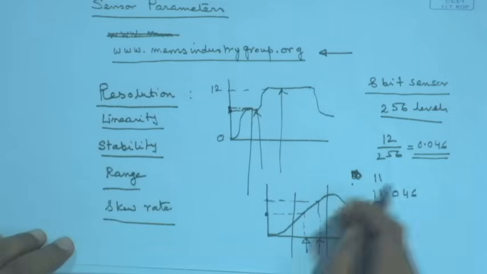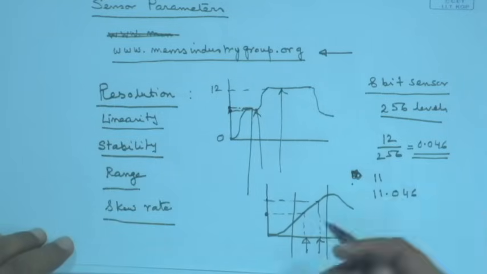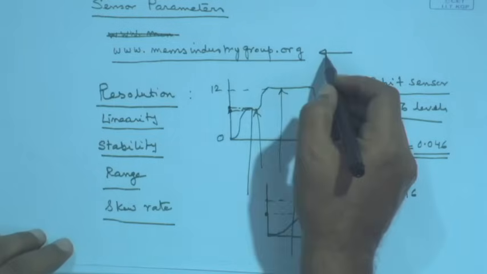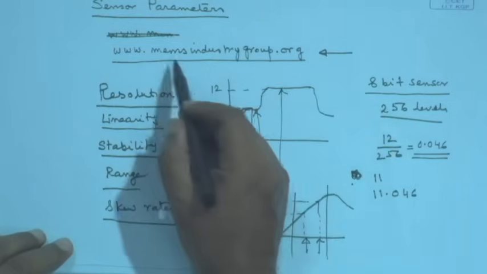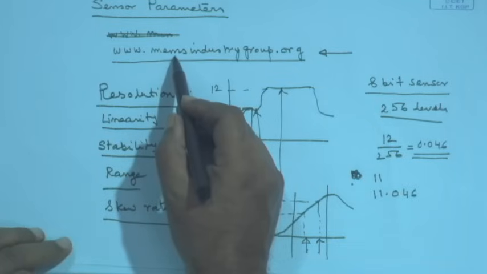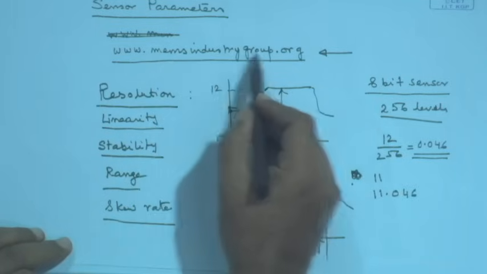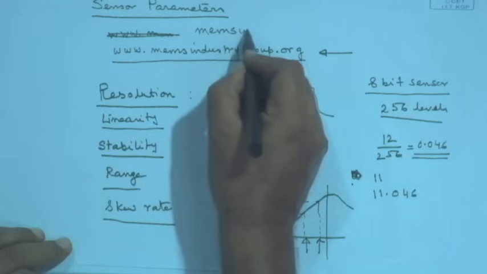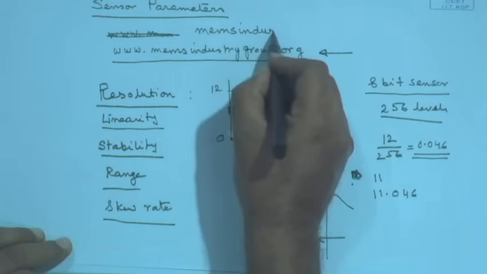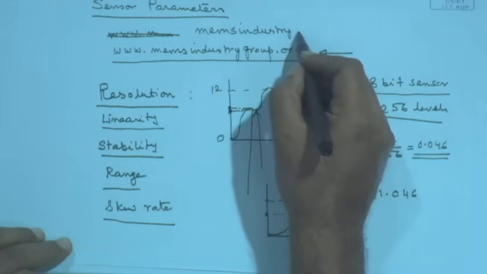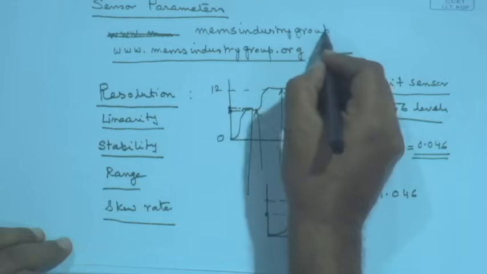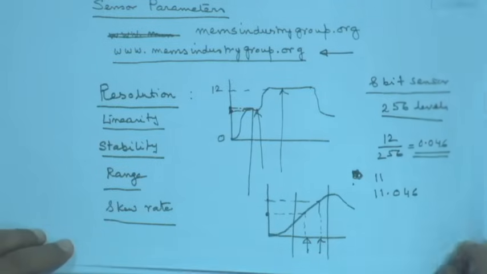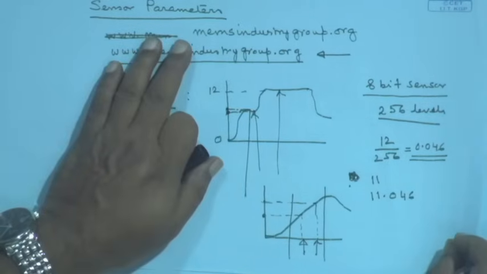Up to which range is it linear? After that, its linearity is lost. All these things we have to look at, and you can study this at MEMS industry group.org. So, that is one aspect of the sensors.